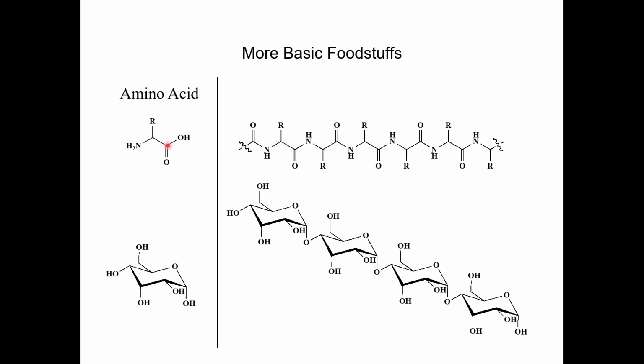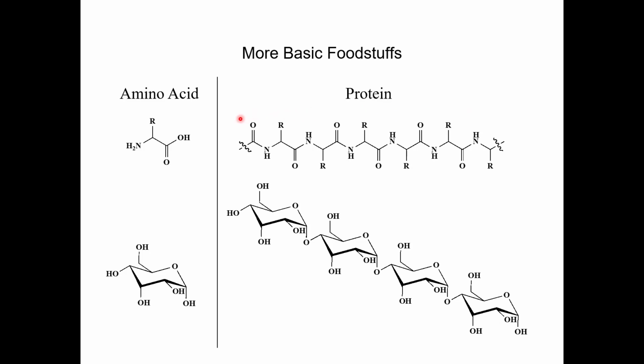So since we've got both the carboxylic acid and the amine group, we just called the whole thing an amino acid. Now, if you take quite a few amino acids and you link them together to make those amide bonds that we talked about in the functional group lecture, the very first organic chemistry lecture, then you start making what we call a peptide chain, which is the primary structure of proteins.